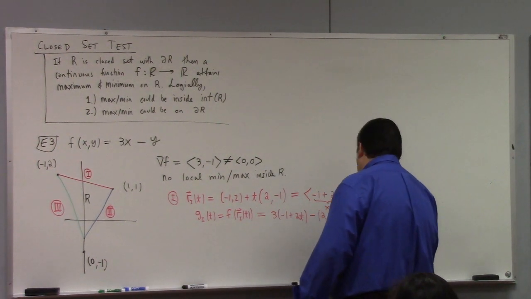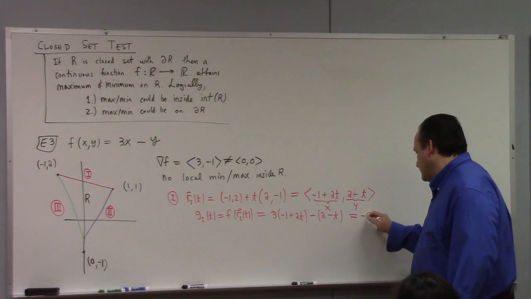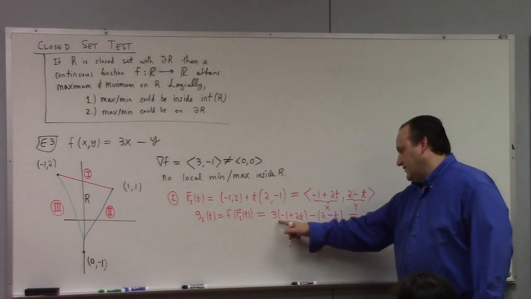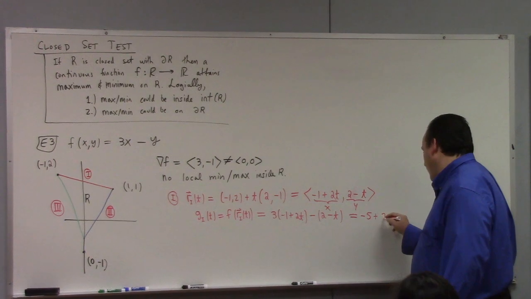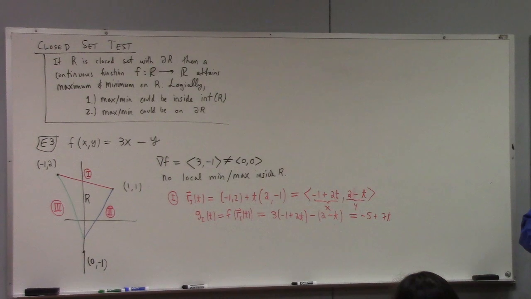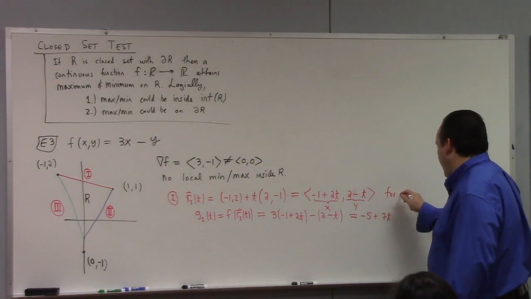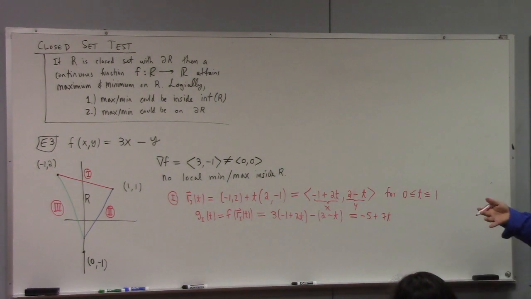And let's see here, what's that give us? -3 minus 2 is -5. And we get 6 plus another one, so plus 7t, right? And this is for what? 0 less than or equal to t, less than or equal to 1. Why? Because that's how I built the formula, right? We can parameterize a line segment in this way. If you don't know this yet, you need to fix it.